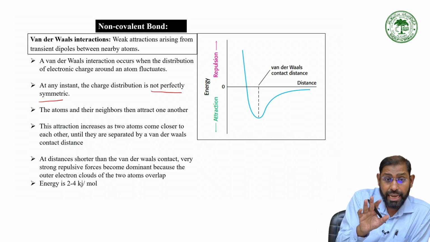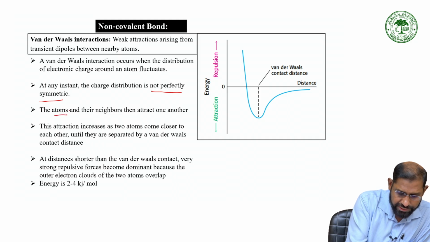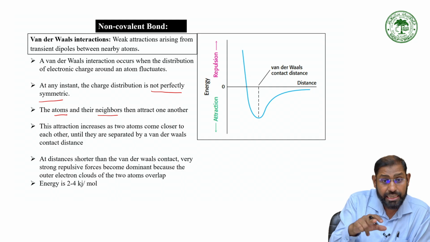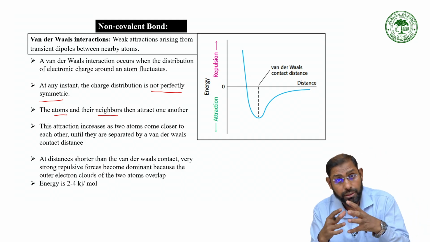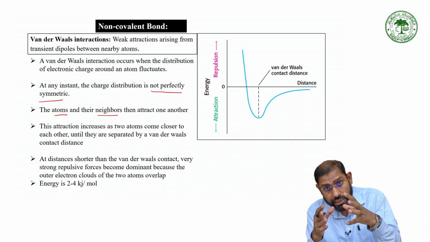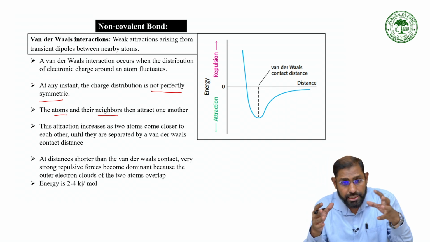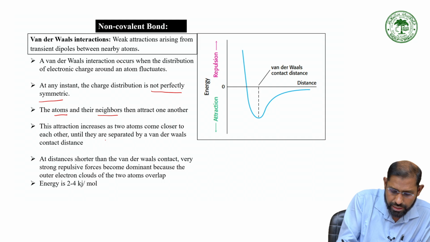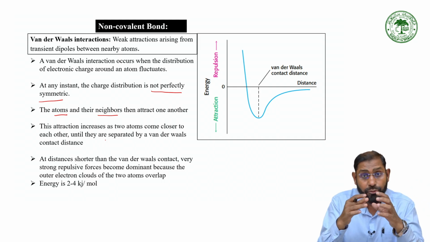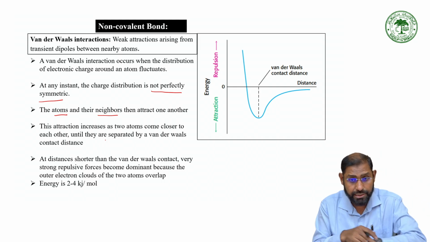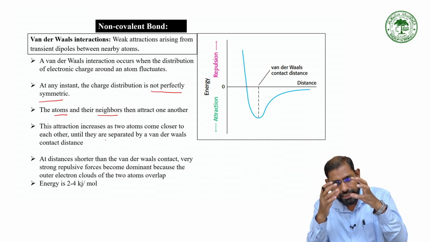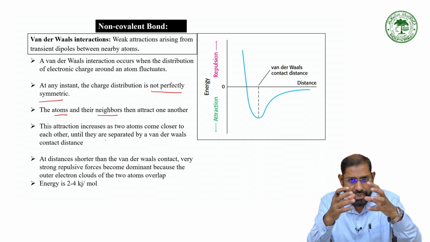The atoms and their neighbors attract one another, and this attraction increases as atoms come closer, until they are separated by the van der Waals distance. This means that if they are within a particular range of distance, called the van der Waals distance, they are attracted.